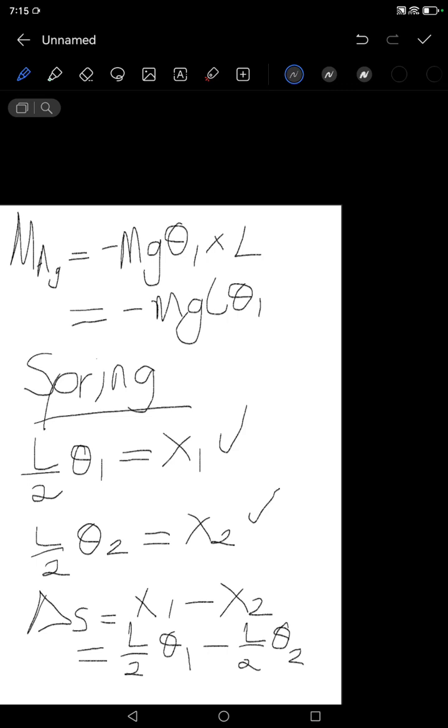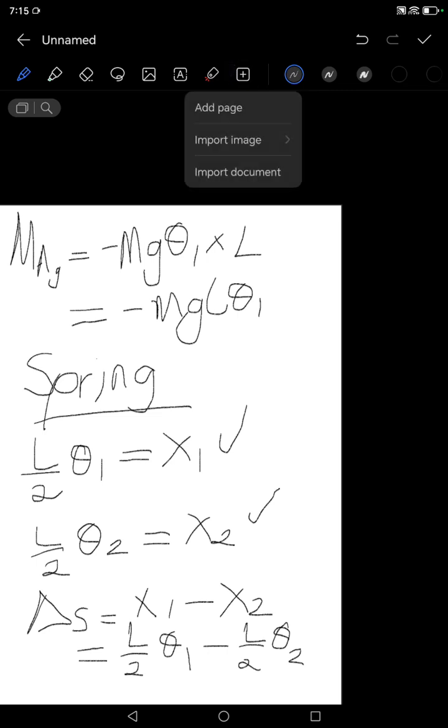And we all know that the force of a spring is negative K multiplied by the extension. Remember, our extension is L over 2 theta 1 minus L over 2 theta 2.